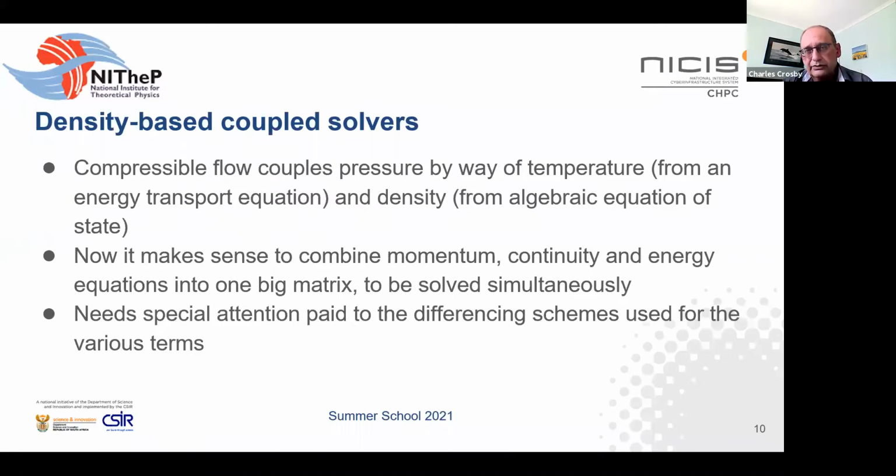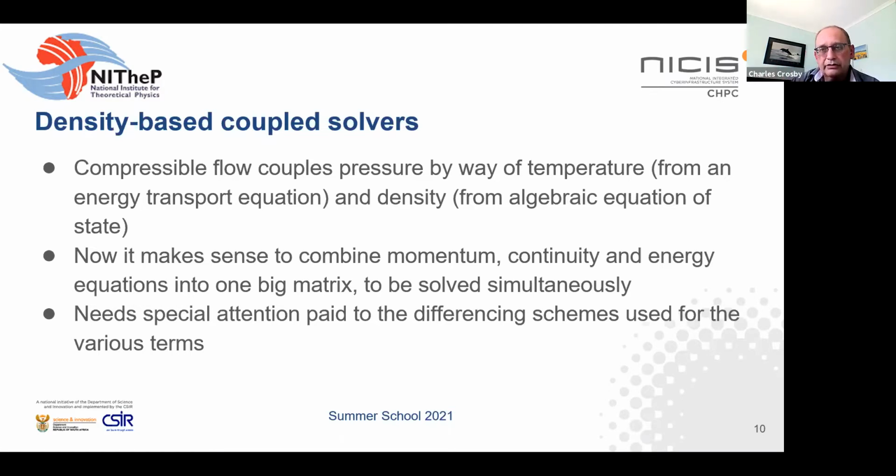Compressible solvers used for higher speed flows developed along a completely divergent path because they don't suffer from the difficulty of the pressure-velocity coupling, because you can couple them by way of an energy equation. You have to solve the energy equation anyway. And the energy equation has got the temperature and the pressure, and the temperature and pressure couple to each other with the addition of an algebraic equation of state.